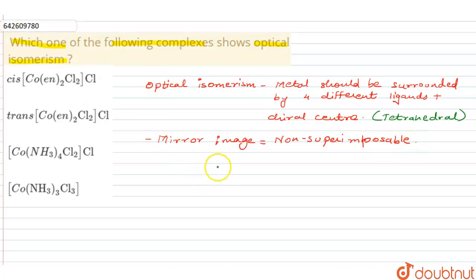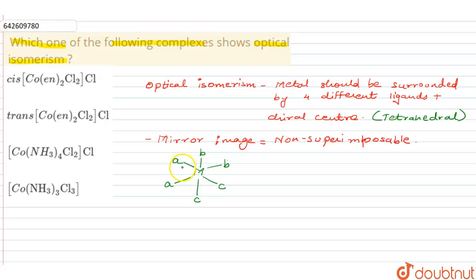Supposedly if I'm having a particular coordination complex, let me just draw it over here. Suppose it is an octahedral complex, I'm taking the example of an octahedral complex in which I'm having the same types of ligands which are adjacent to each other, in this manner, fine.